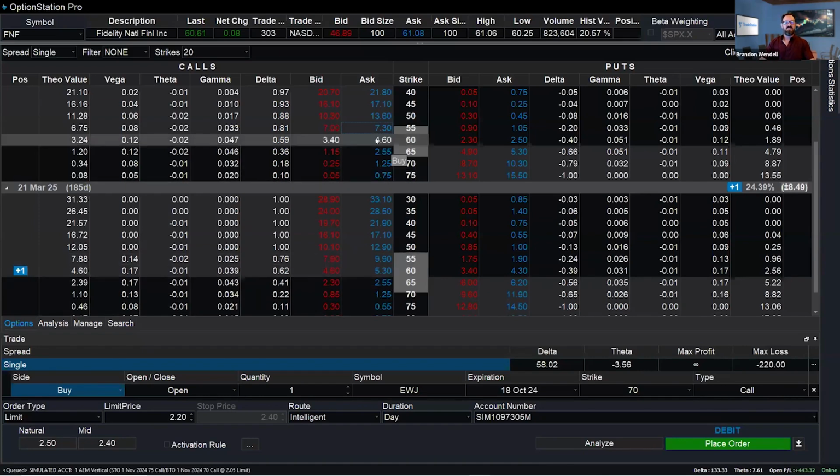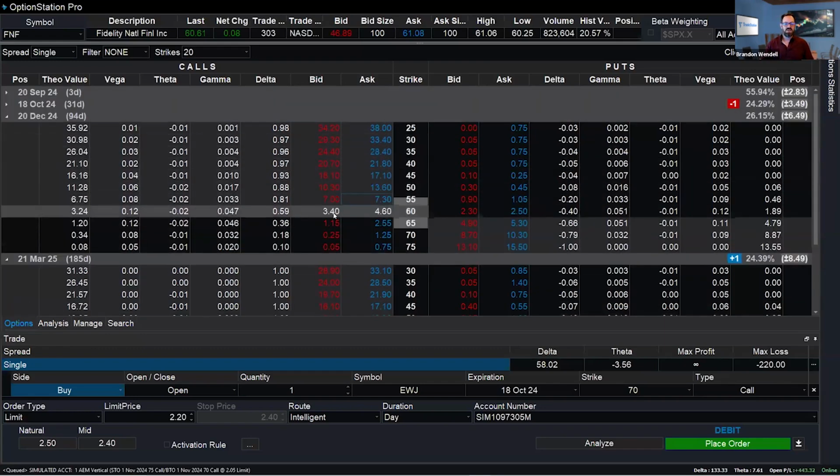If you were to sell here, you're selling over value, right? Why is this one selling for more than the theoretical value while this one was selling for under? Look at the implied volatility. The implied volatility was higher on this front month than it was on the far month.